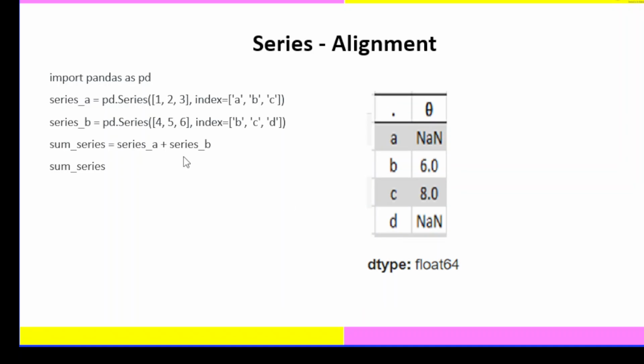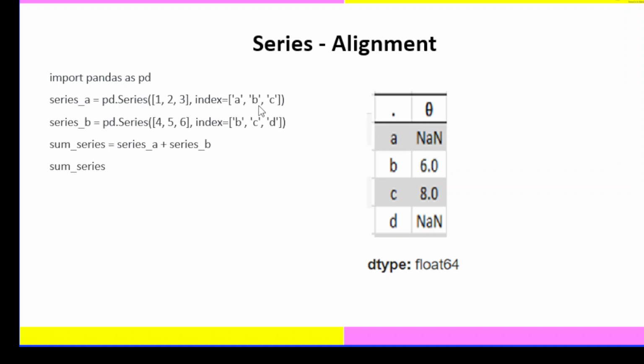And you can even align the data, as we have discussed. In the first series, I have 1, 2, 3 with index A, B, C. In the second series, I have 4, 5, 6 with index B, C, D. Now when I try to add series A and series B, wherever the indexes are common, those data alone get added. It tries to add the value of index A in series A with index A in series B, but index A is not there in series B. So it is unable to add, and it gives you NaN.